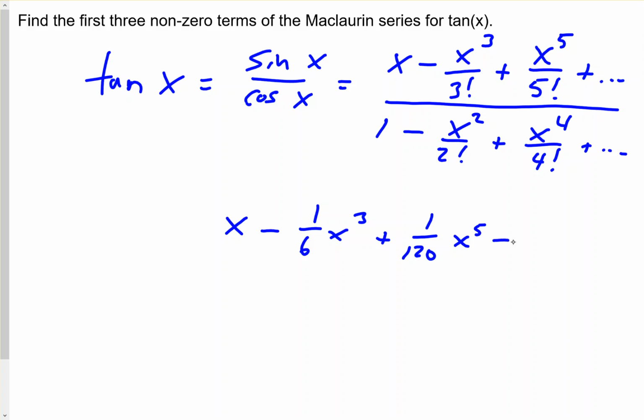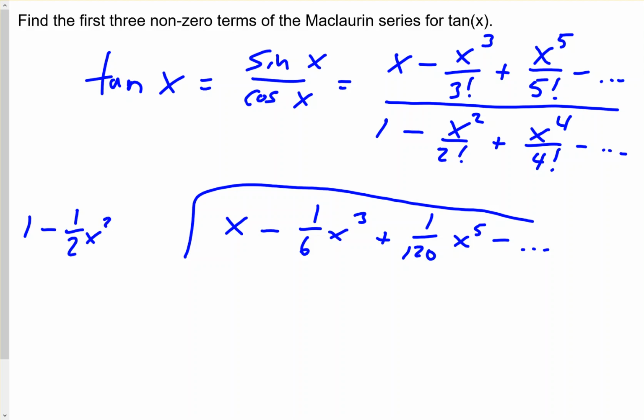In fact, these should be minuses because they alternate. And then we're going to divide by 1 minus 1/2 x squared plus, 4 factorial will be 24, so 1 over 24 x to the 4th.